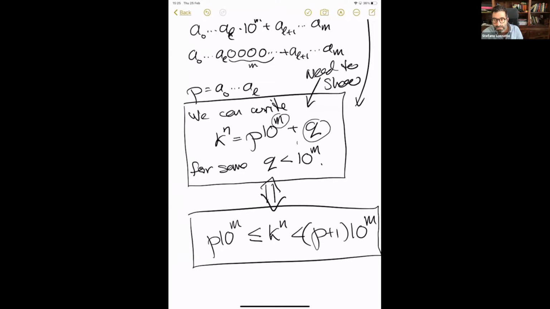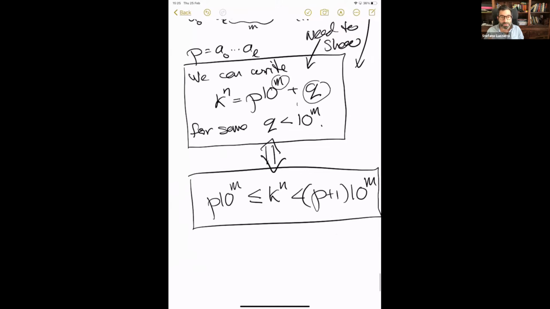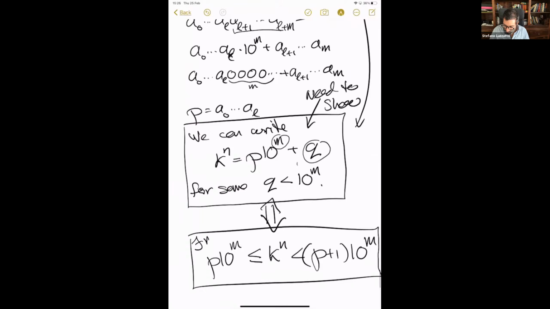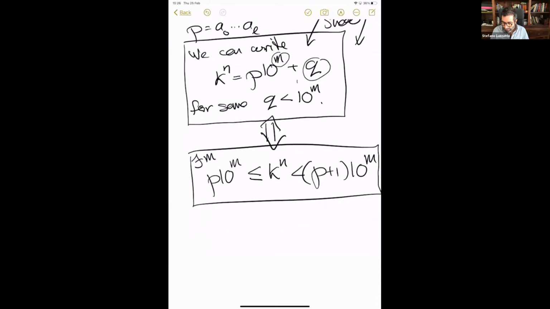In fact, Q we particularly don't care about, because as long as we can show that there exists some M such that K to the N is between P times 10 to the M and P plus 1 times 10 to the M, then that's fine, right? Because that means that we can write K to the N as P times 10 to the M plus some number Q, which is less than 10 to the M.